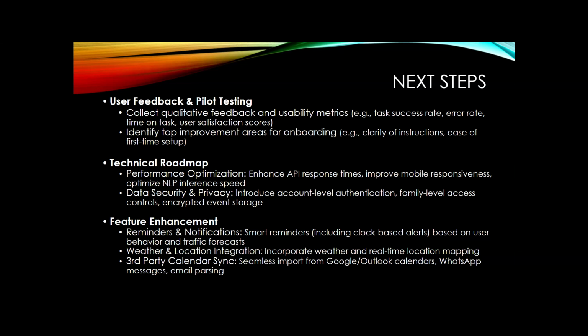Also, we will enable a broader third-party calendar sync, not only supporting Google and Outlook, but also extending to other platforms and formats where possible, including parsing events from apps like WhatsApp. Together, these steps move us closer to a smarter, more adaptive calendar tool for family use.